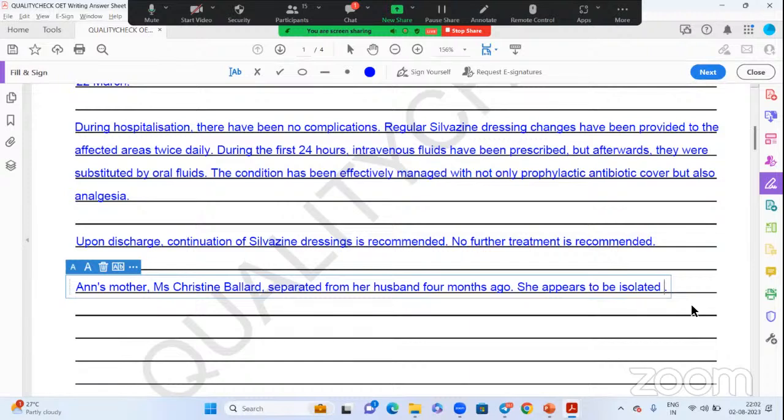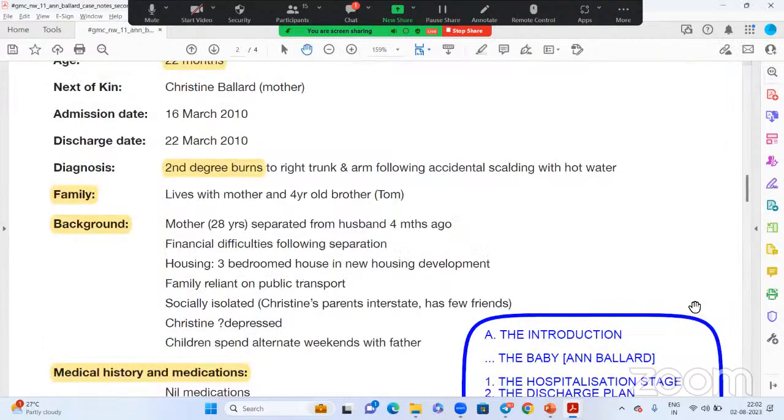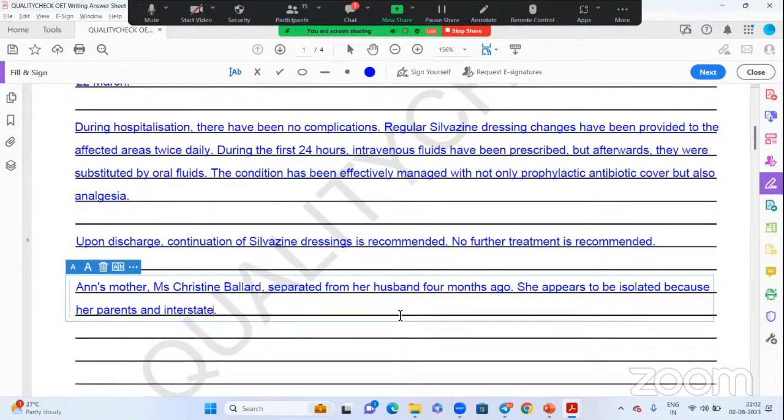She appears to be isolated because her parents are interstate. They are living in another state. Her parents are interstate. They are staying in a different state.